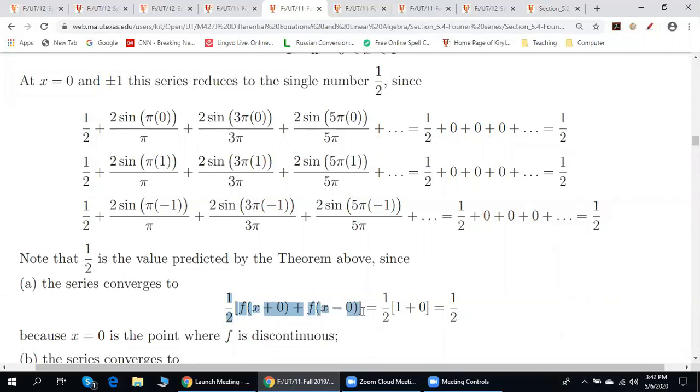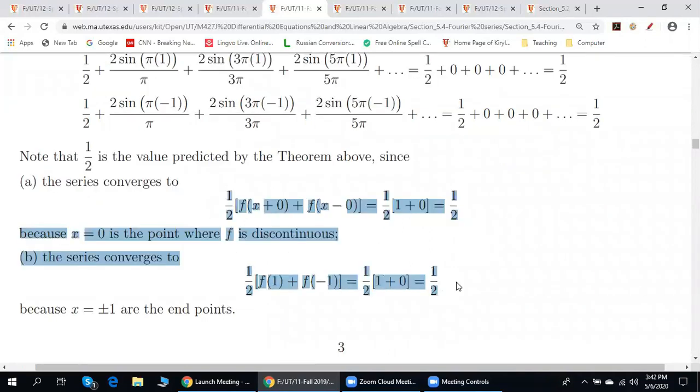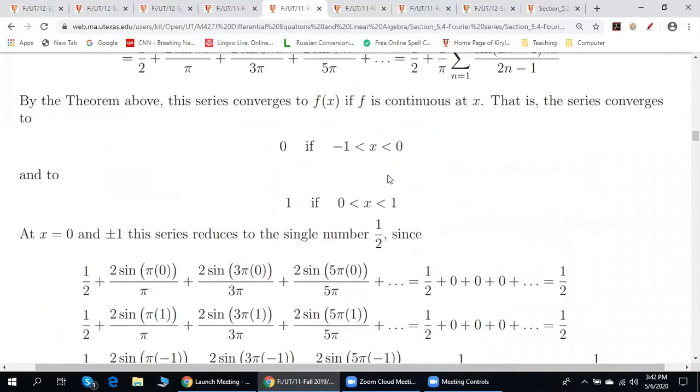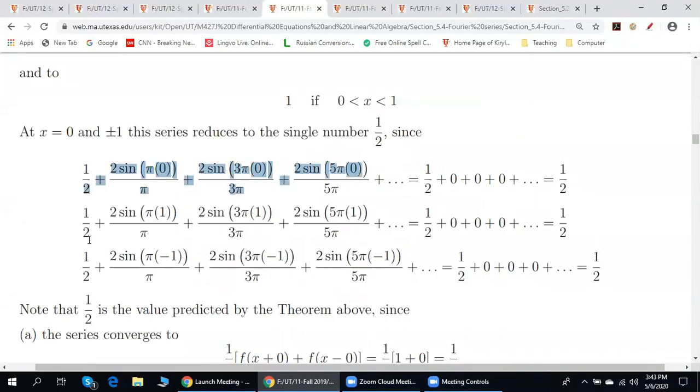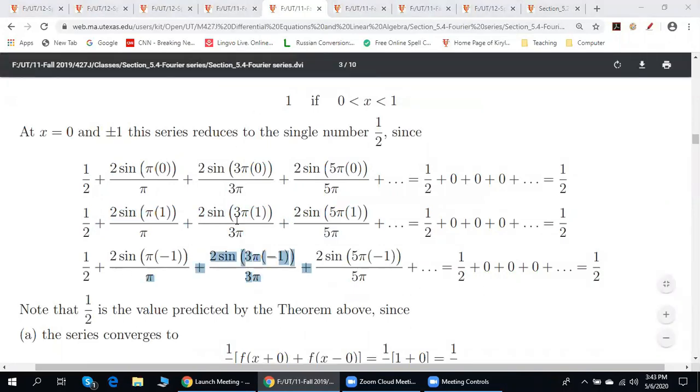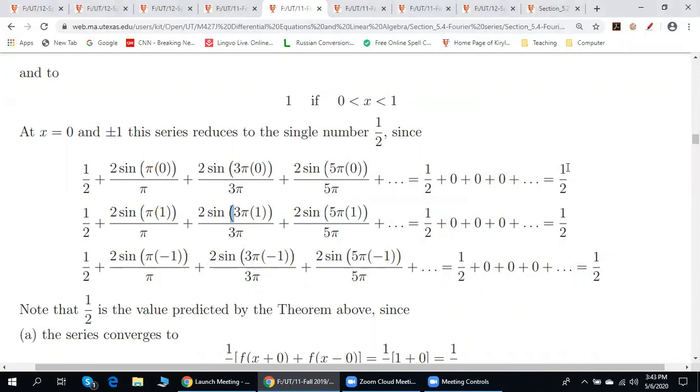However, before we discuss the remaining two cases, let us find the value of our series at the point of discontinuity and at both endpoints using a straightforward approach. Let us just plug in 0 and ±1 into our series. We get this, this, and this. Note that in all three cases, all signs are equal to 0. So the result is 1/2 in all three cases.